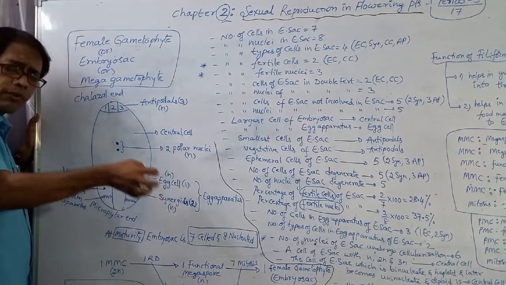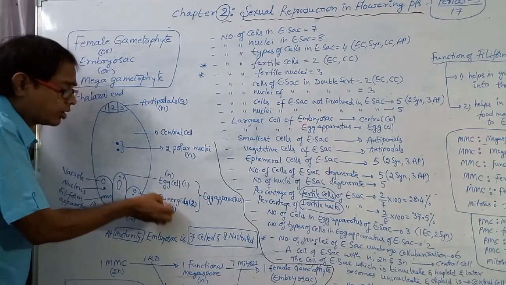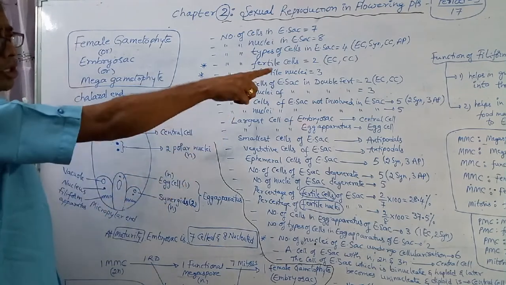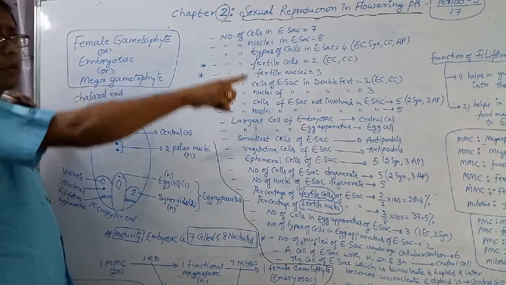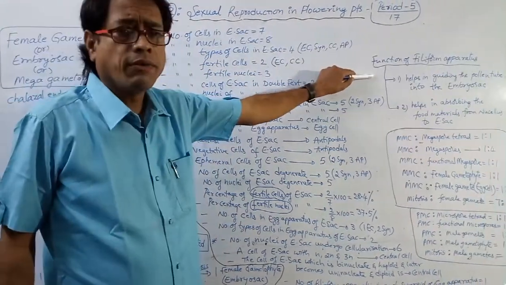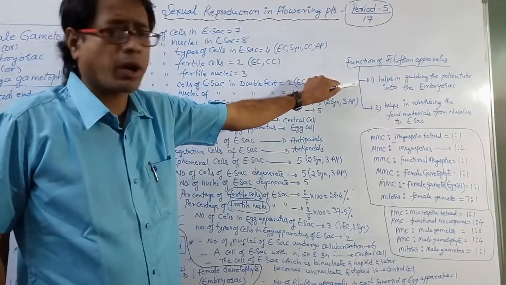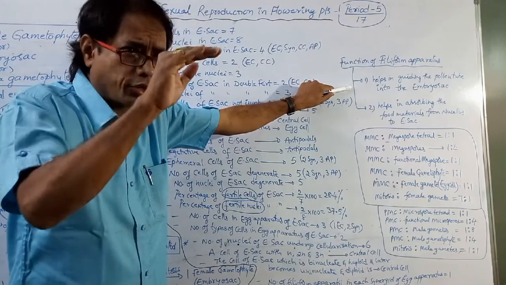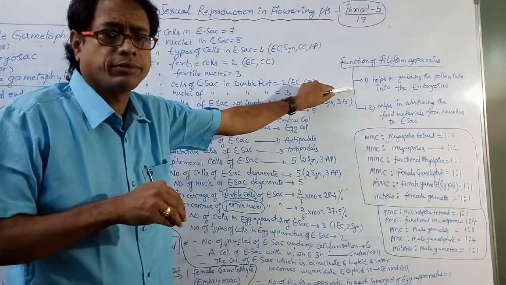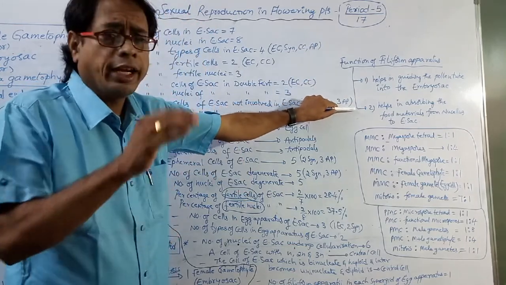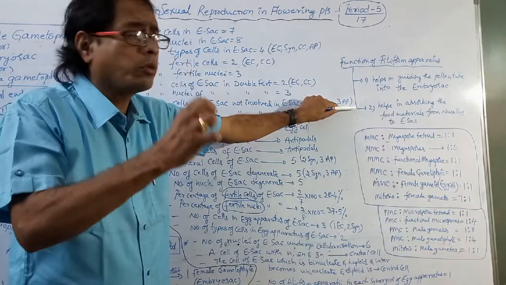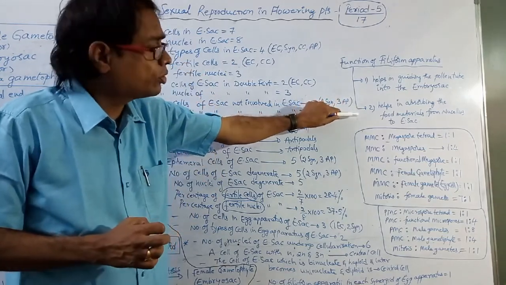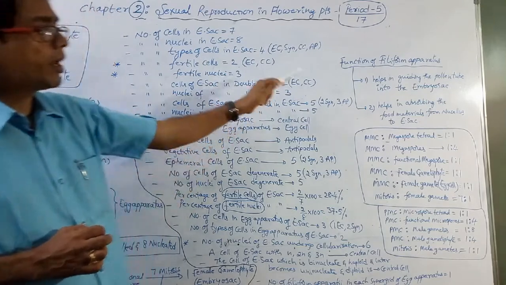So it absorbs the food materials from the nucleus to the embryo sac. Those are the two functions of the filiform apparatus. Try to focus on this. First, it helps in guiding the pollen tube into the embryo sac. Second, it helps in absorbing the food materials from the nucleus to the embryo sac. Very, very important points.